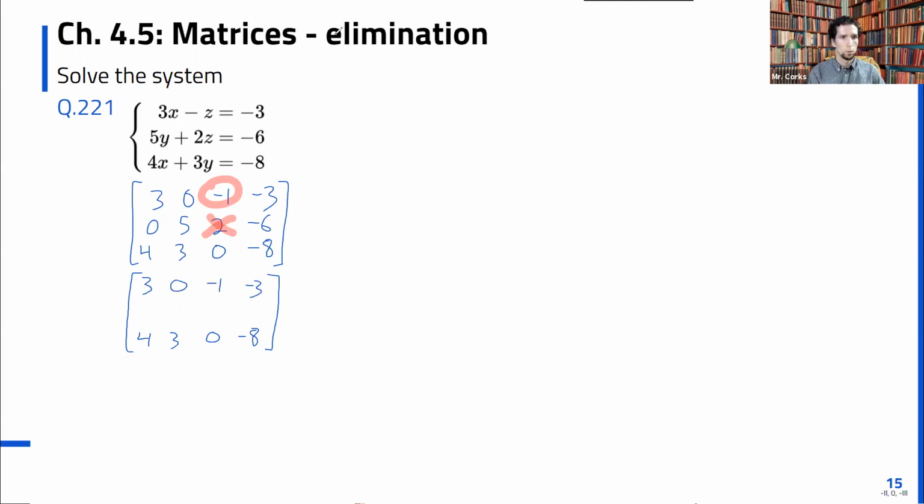Okay, so take row 2 plus 2 times row 1, and then that will eliminate that. This one is not a particularly tricky operation, so if we don't need to write it out again, then there's no need.